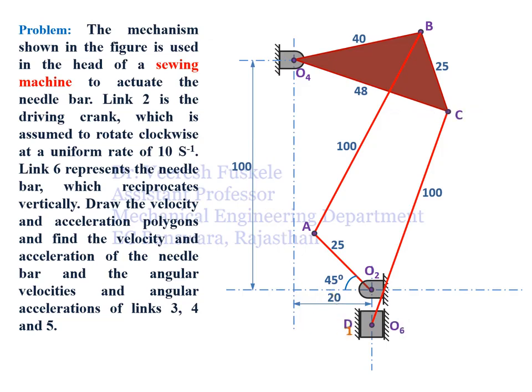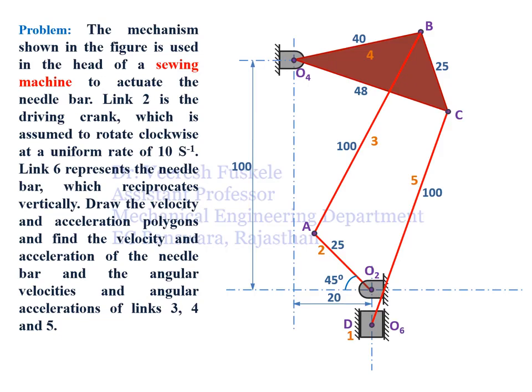So this is the configuration diagram of the mechanism. We can see that points O2, O4 and O6 are the fixed points of the frame of the swing machine.